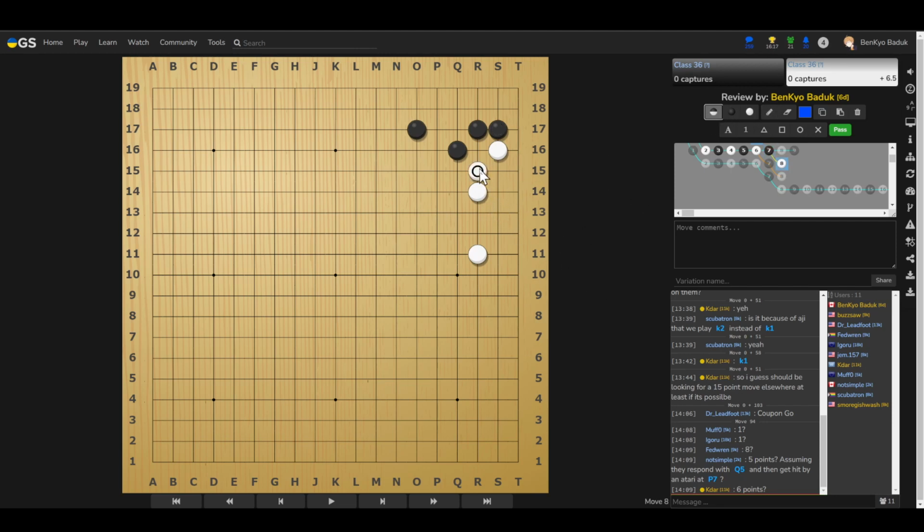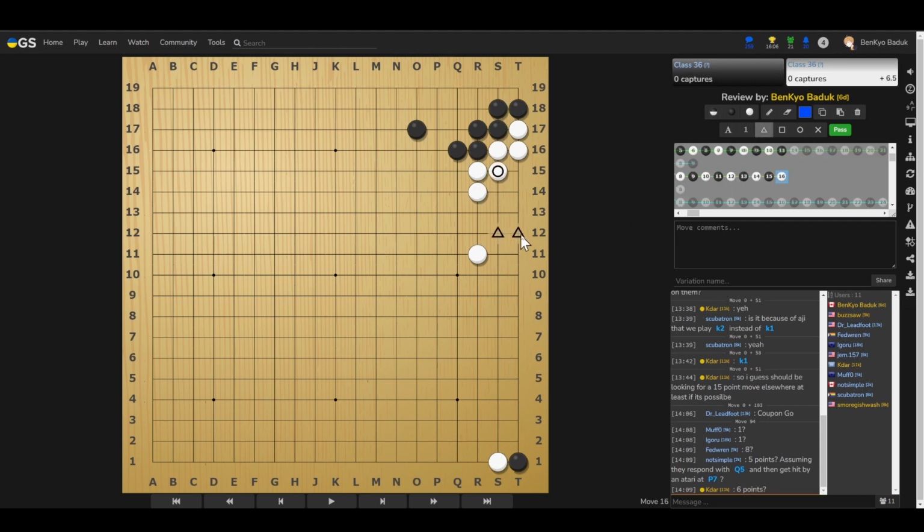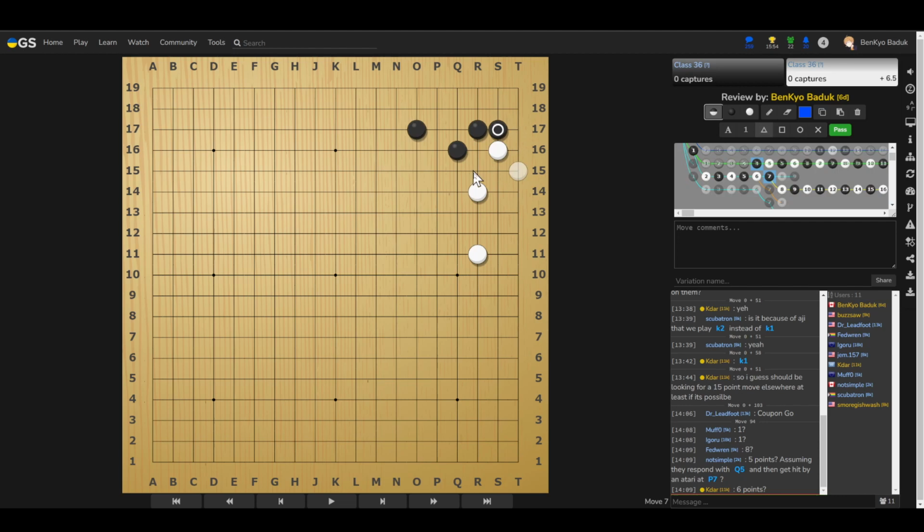But this move is 10 points. Why is it 10 points? Because after this, later, white's going to get this one. Ba, ba, ba. And then, of course, black will get this one. Forcing. But here we can see that white has 7 and black has 9, right? So this variation is black plus 2. But if we have black playing first, then black would have follow-ups like something like this, let's say, assuming no ko.